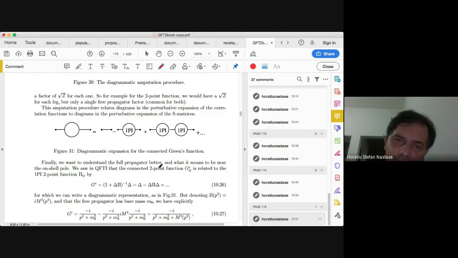And this series, of course, sums up into, if you think of this as a matrix with indices, 1 plus delta pi inverse times delta. If you think of it as just numbers, you can just write delta over 1 plus delta pi.